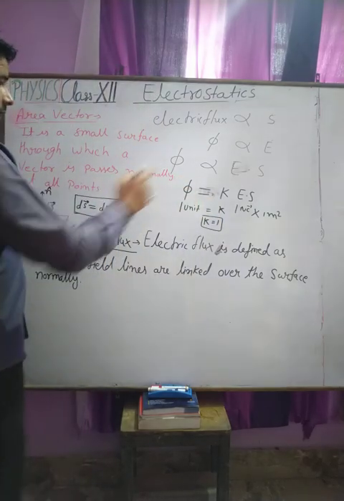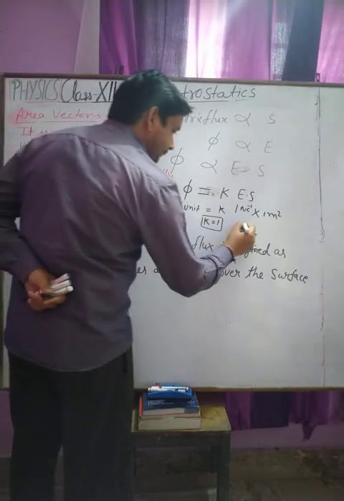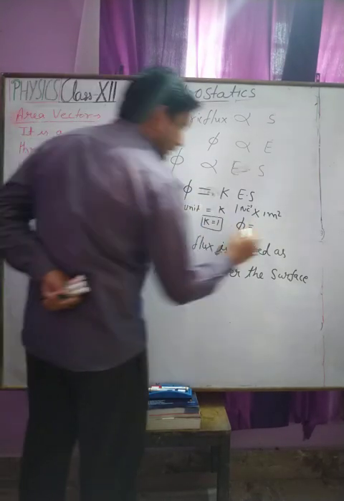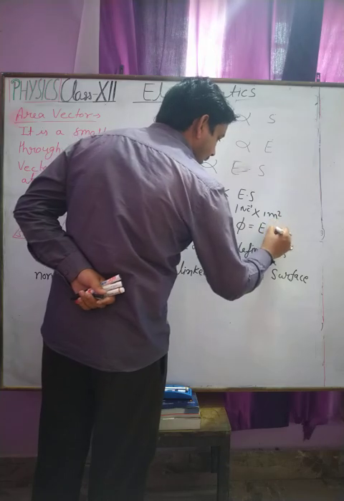Then we get the result: phi, the electric flux, is equal to E dot S.